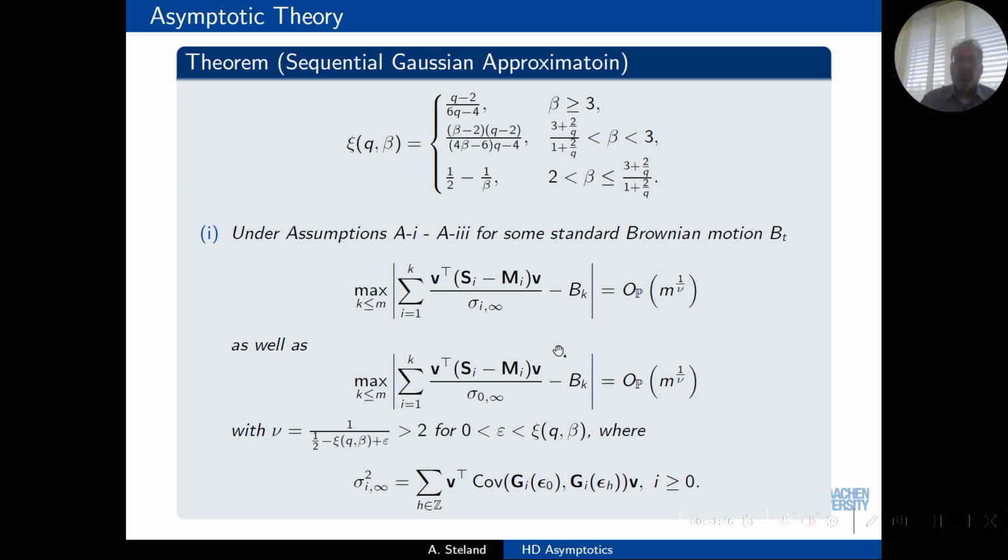And we also can replace here the standardization, which has to be done for each term, by a standardization which is uniform in i. And then we get a much easier expression. And actually, this can also be estimated if you wish to do this.